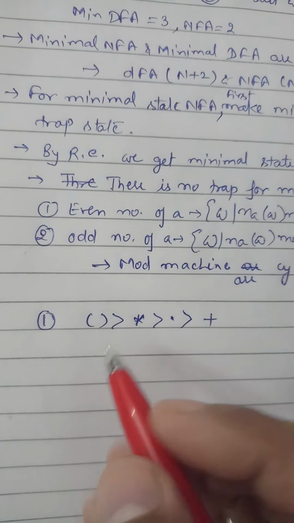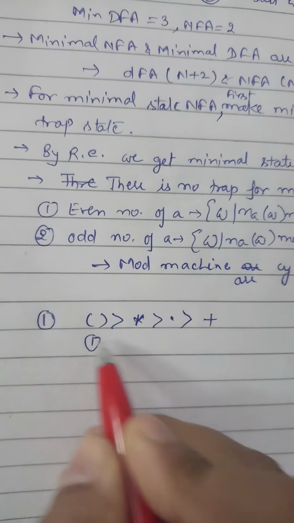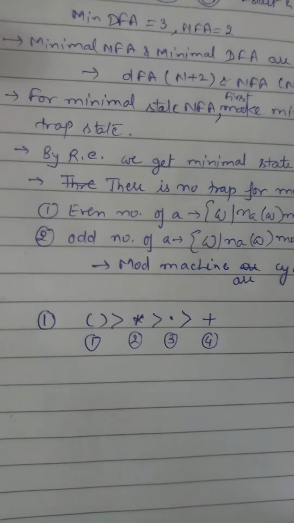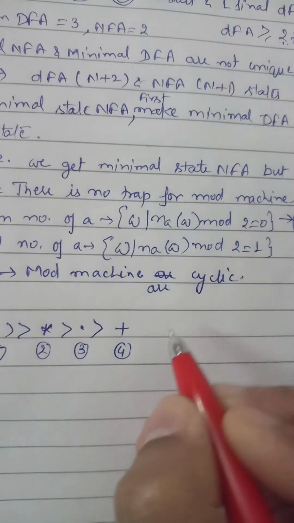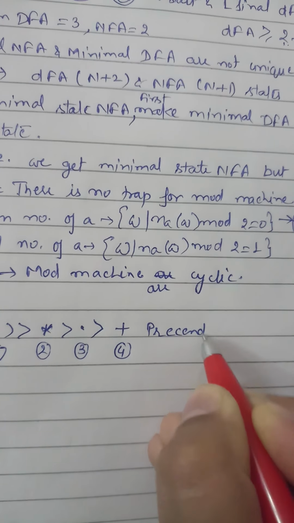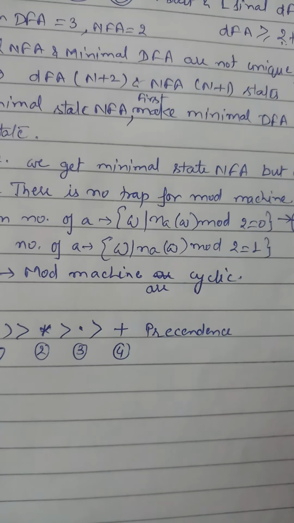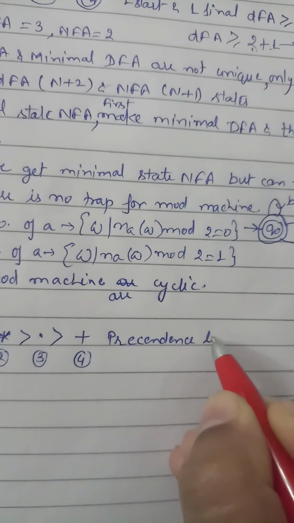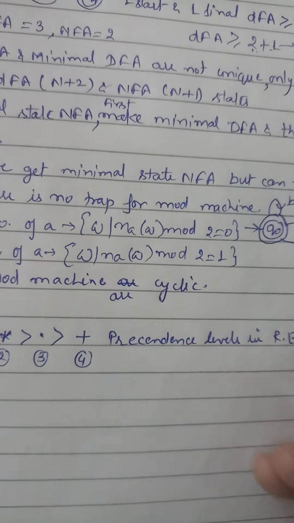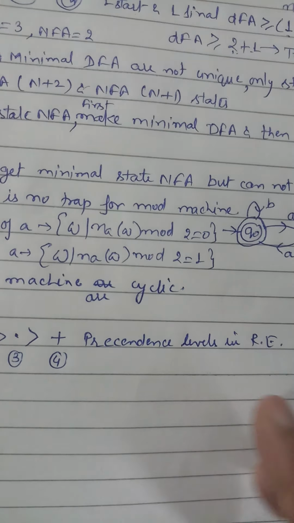These are the precedence levels for regular expressions: the first one, the second one, the third one, and the fourth one.